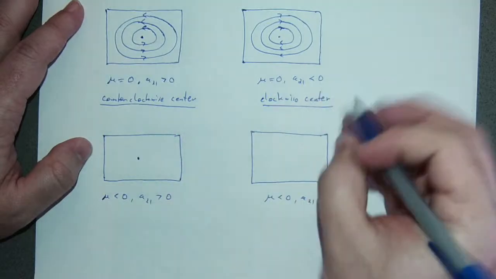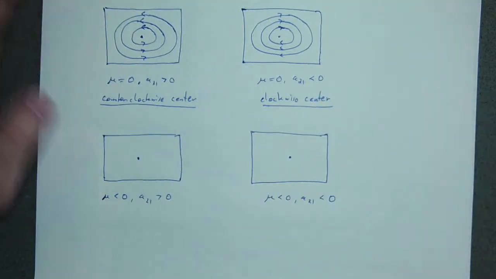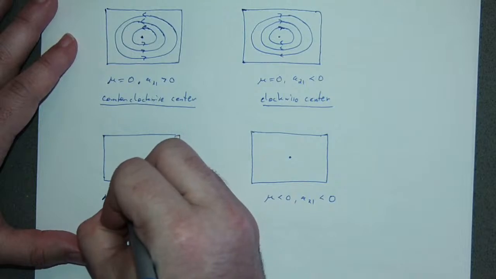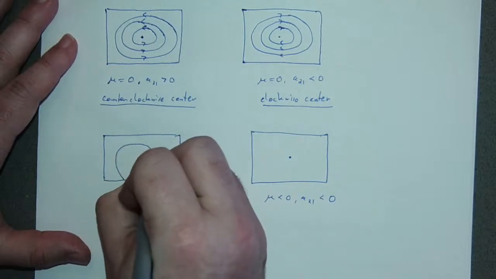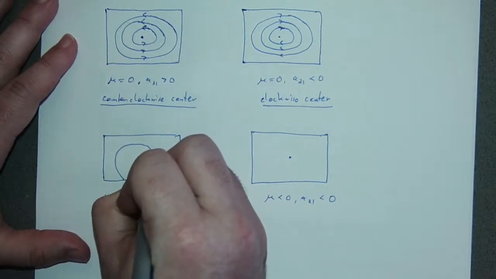So again, my origin is a stationary point. What this looks like is a spiral.